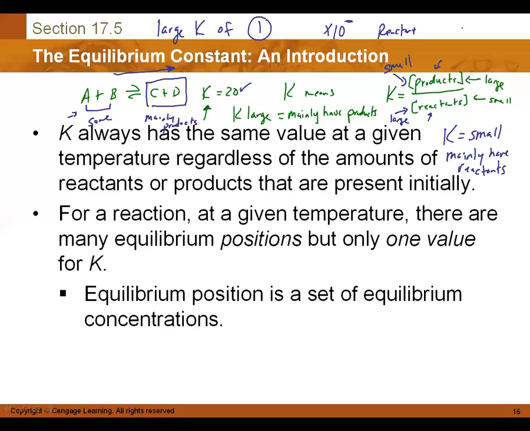Say the K value was 10 to the minus 34. Pretty much the reaction is staying over here on the reactant side, and you probably have mainly reactants present at equilibrium. But even still, you would still have a little bit of those products there. Any questions on that?